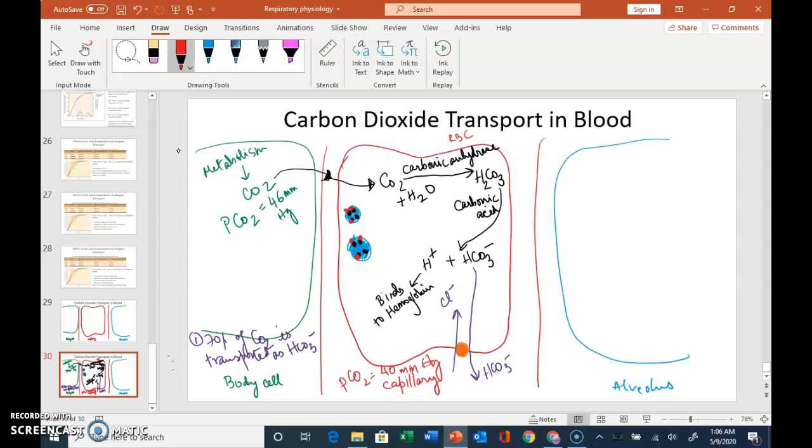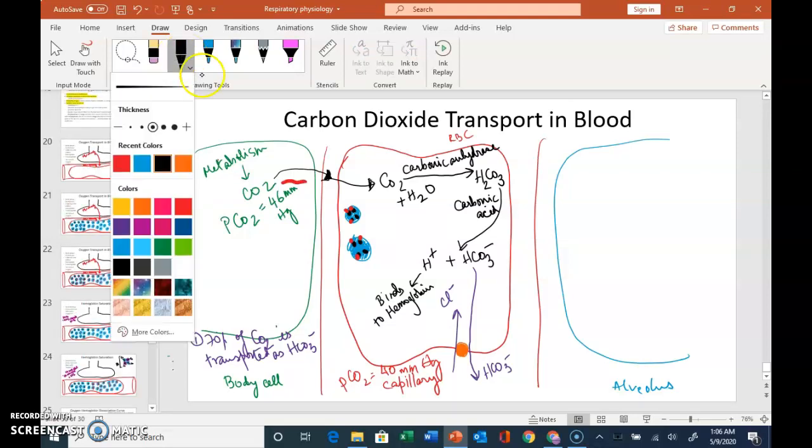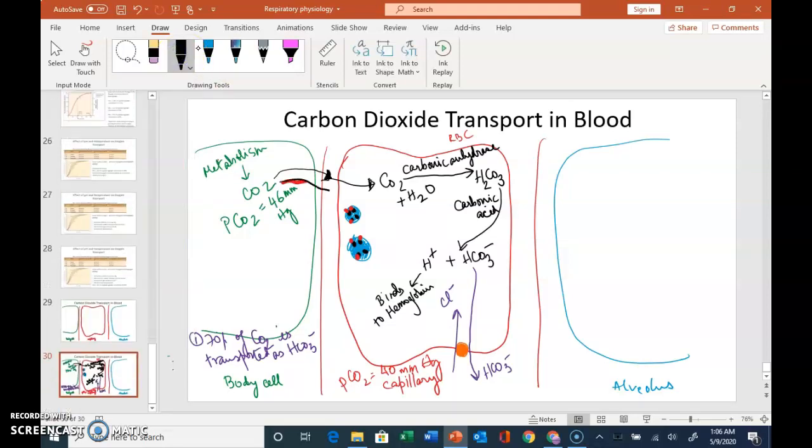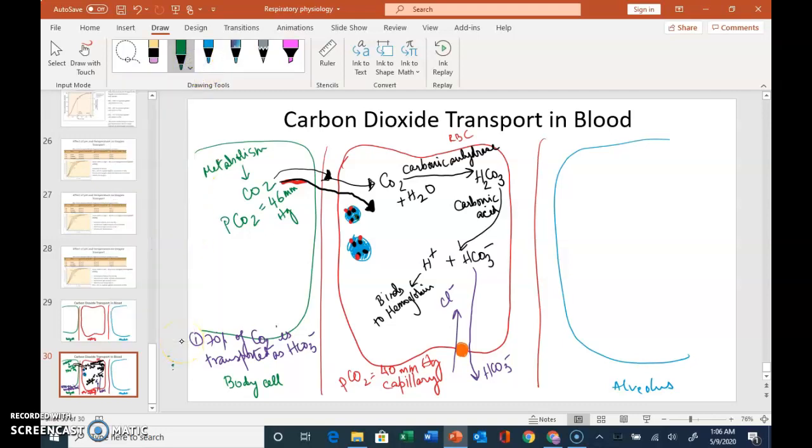Now, some of the carbon dioxide that enters thinks, I should actually just sit on the hemoglobin. So this carbon dioxide sits on the hemoglobin along with 3 oxygen molecules. Do you see that?